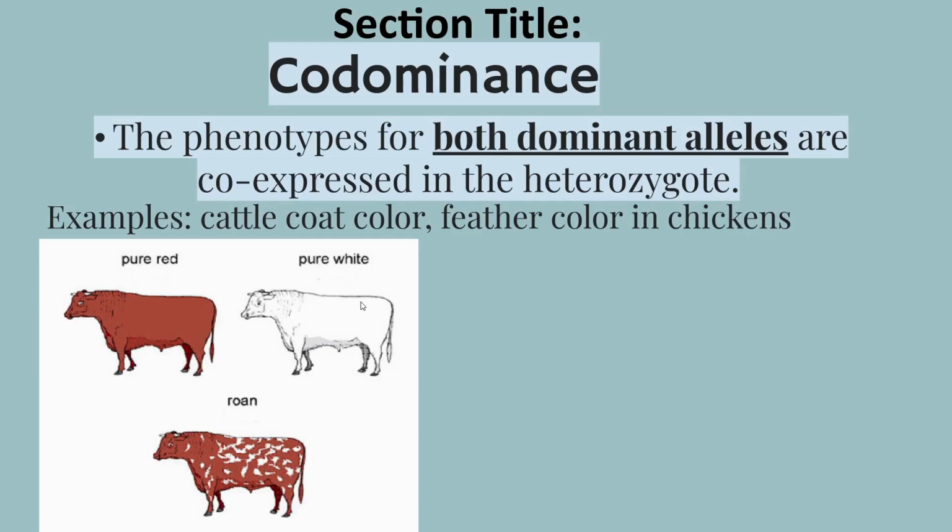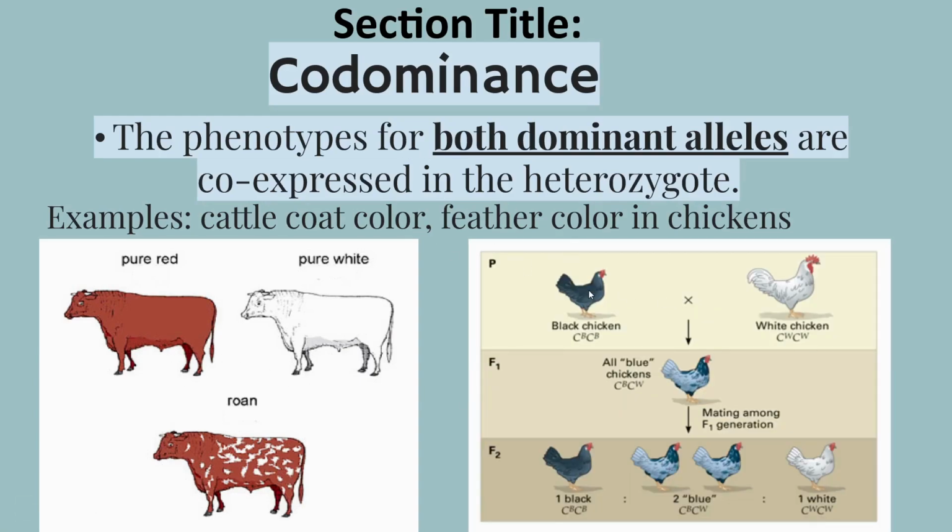However, if you cross these together, because they display codominance, their offspring would display both of the traits. This coat color is called roan. Notice that both dominant traits are displayed here. Co meaning with, so one dominant trait is being displayed with the other trait.